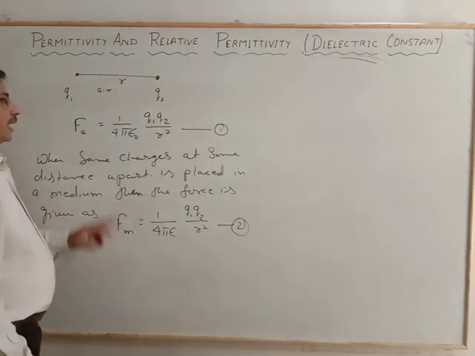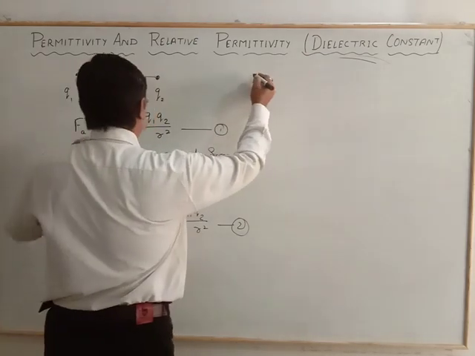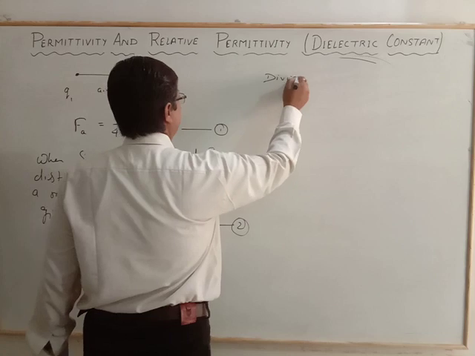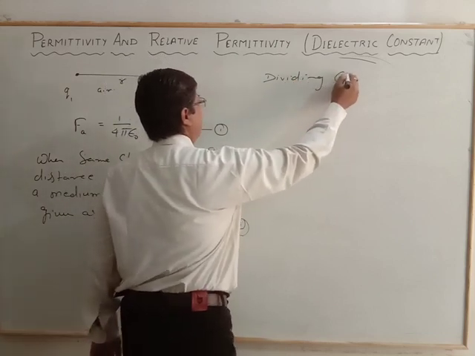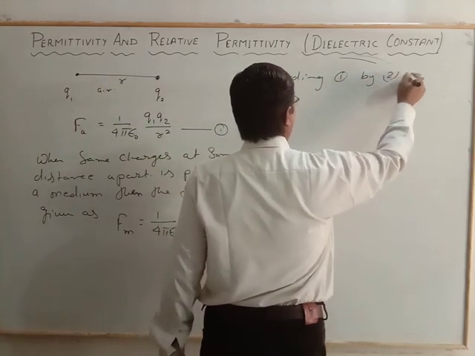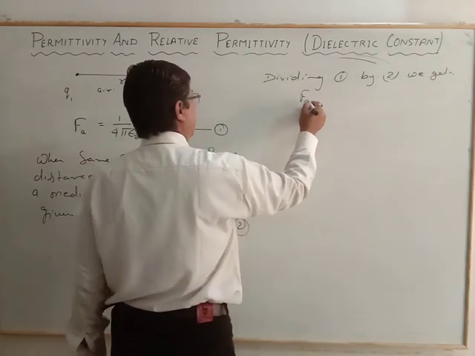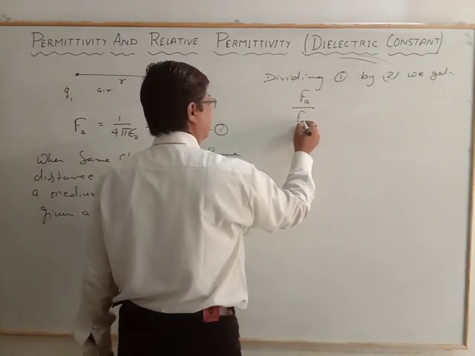Now if we divide 1 by 2, we get F of the air by F of the medium.